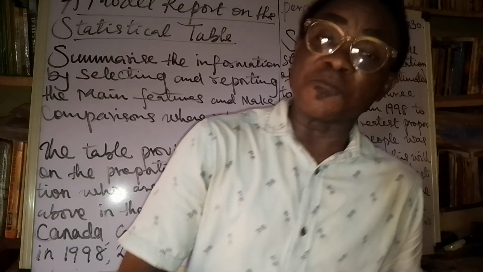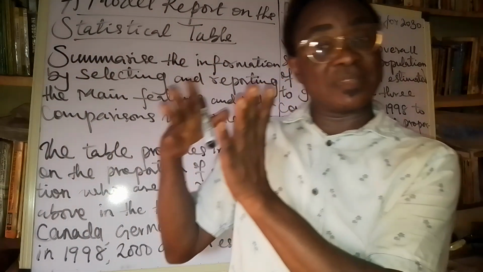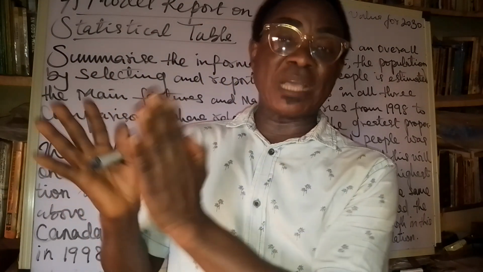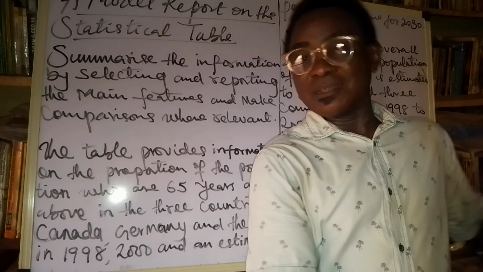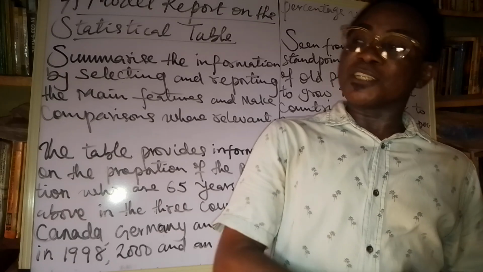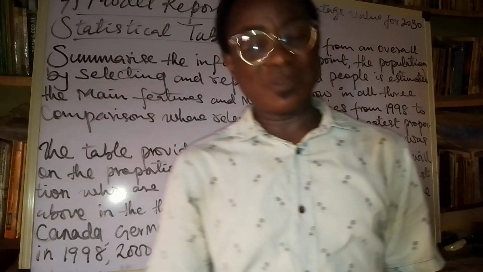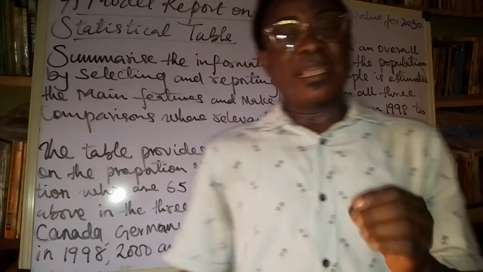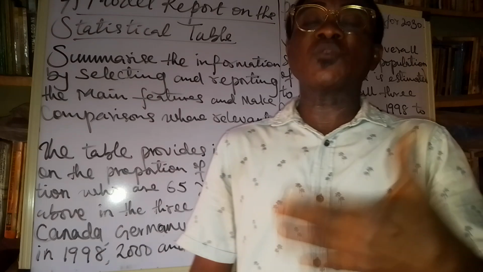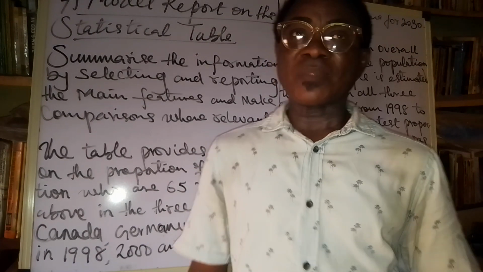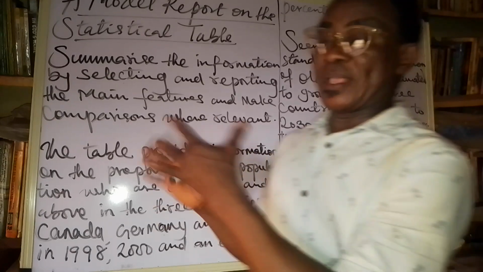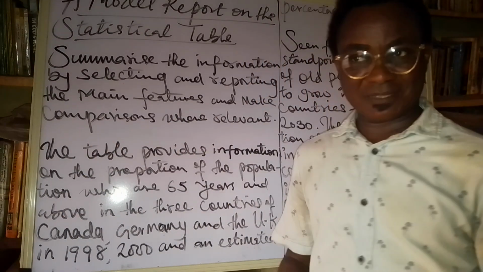That is, the values that tend towards being the highest are grouped and discussed together, while the values that tend towards being the lowest are also grouped and discussed together. It is a skill that you need to imbibe as an IELTS report writer. And in this report, we are going to showcase all of this.